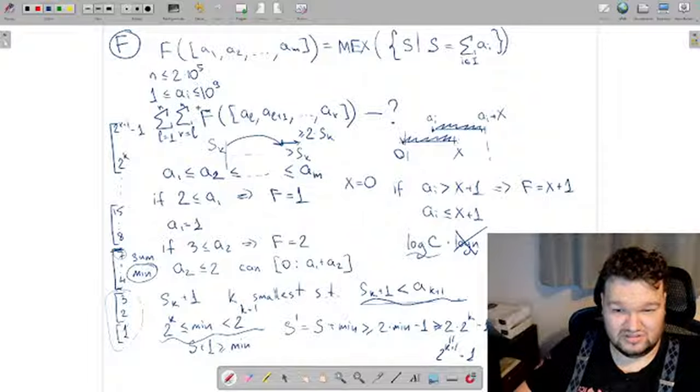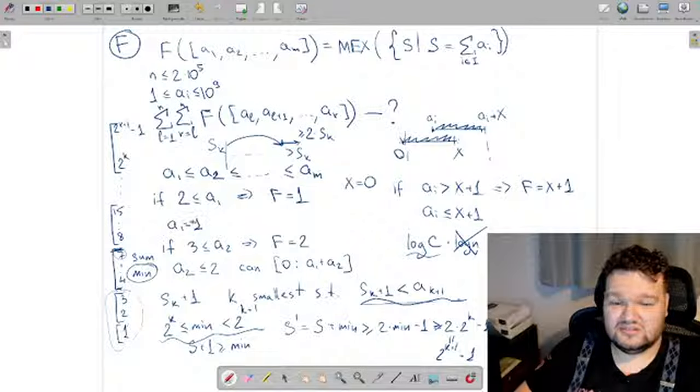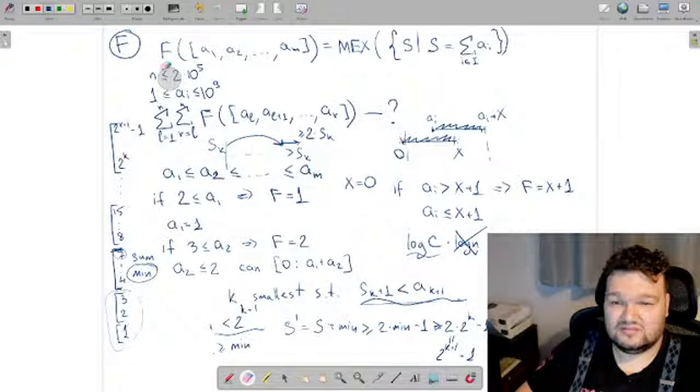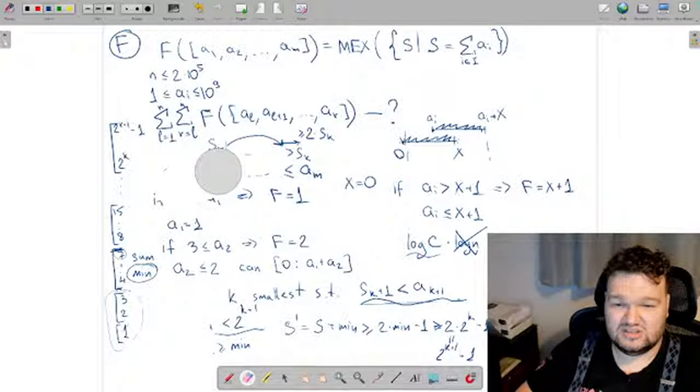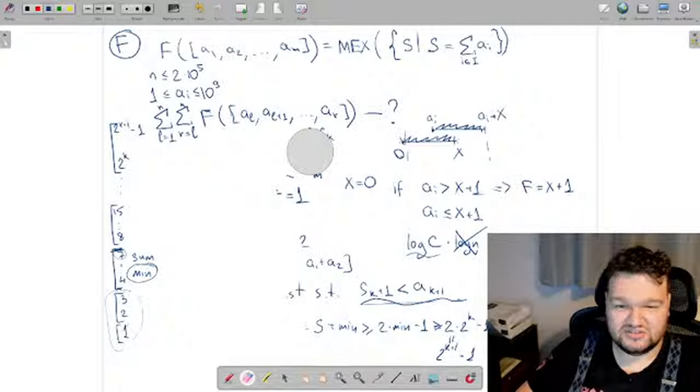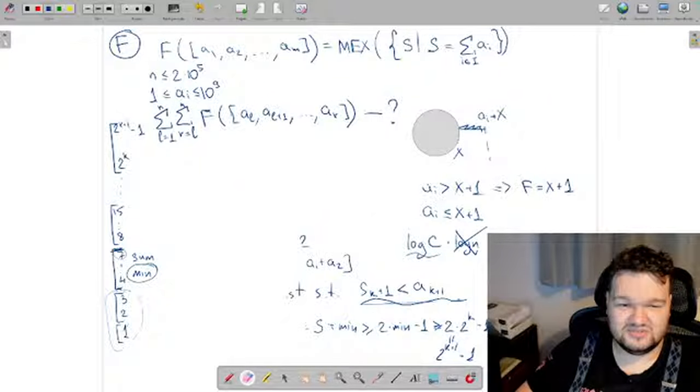I will erase pretty much everything. So I will keep the problem statement, and I will keep those vertical buckets just to remind.